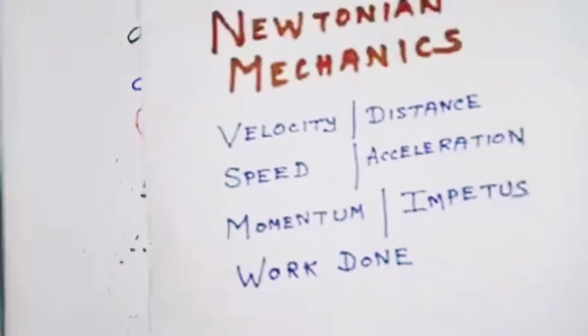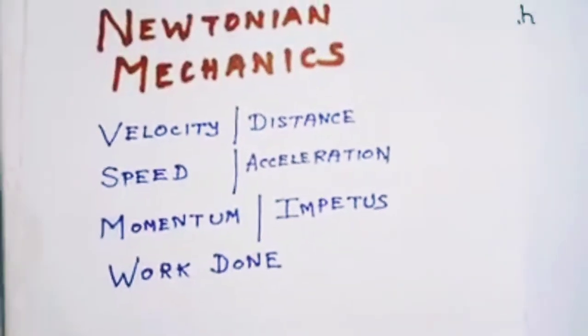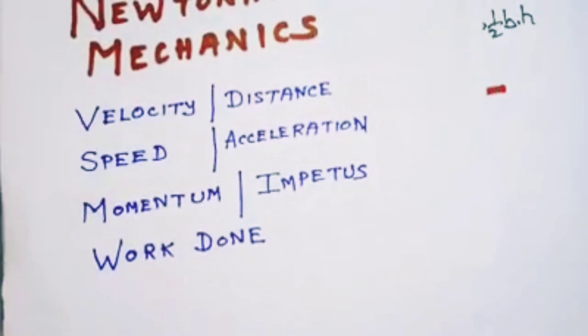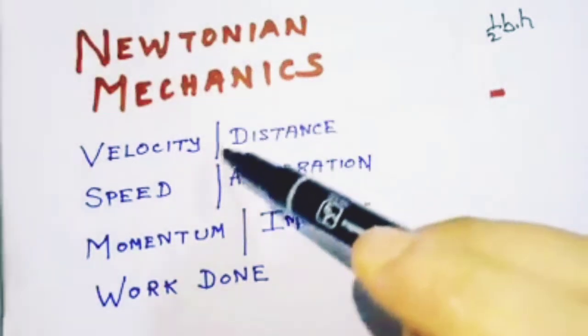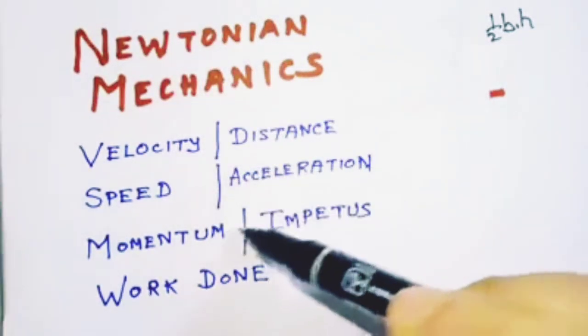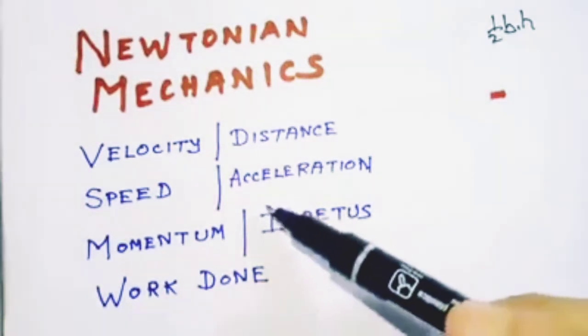So that brings us to the end of the video. It was a longer one. I hope you liked it. We have almost covered all the concepts of Newtonian mechanics: velocity, distance, speed, acceleration, momentum, impetus, and work done.